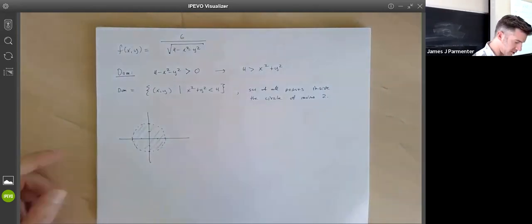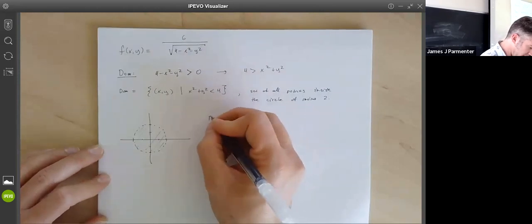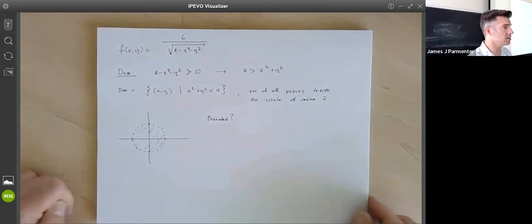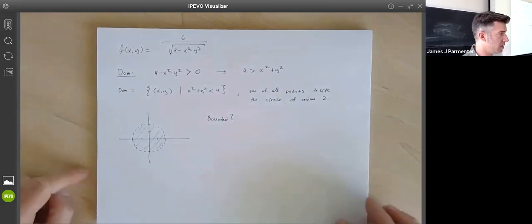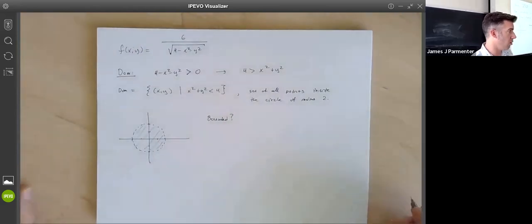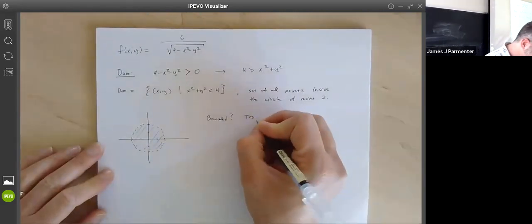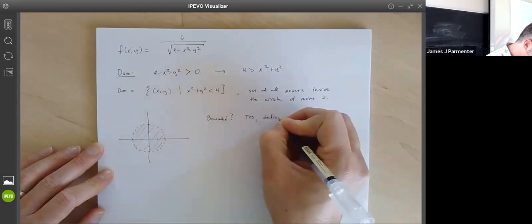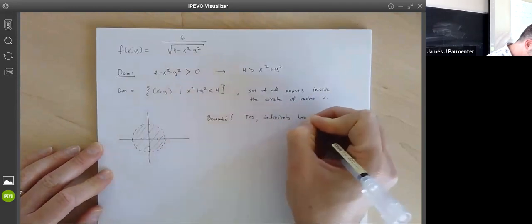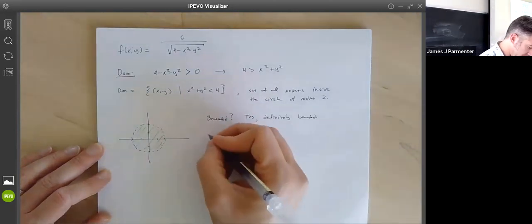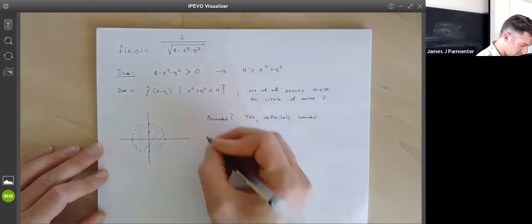So first, is this bounded? It certainly is. There are definitely strict limits on how large x or y can be. So yes, it's definitely bounded. Is it closed or open?